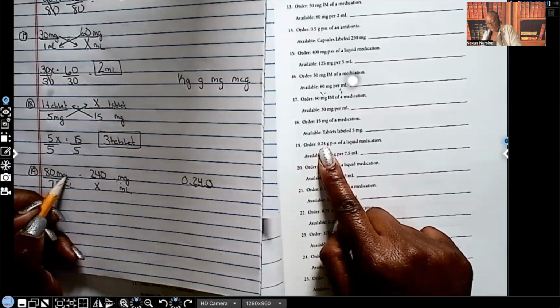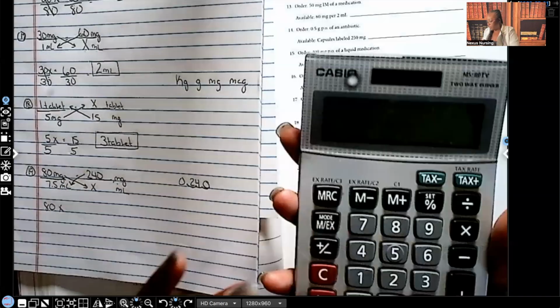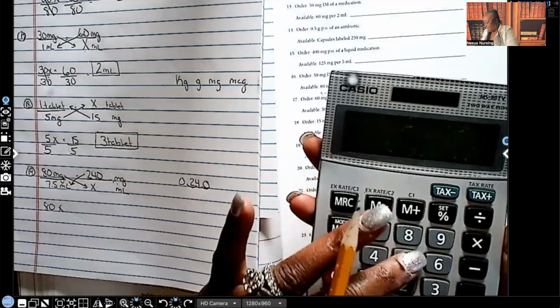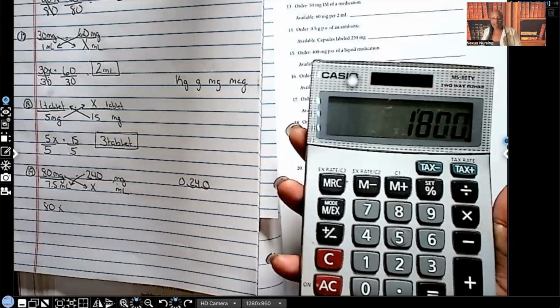Now that I have everything plugged in, let me cross multiply. 80 times X equals 80X. Now I have to do 240 times 7.5. 240 times 7.5, that gives me 1,800.